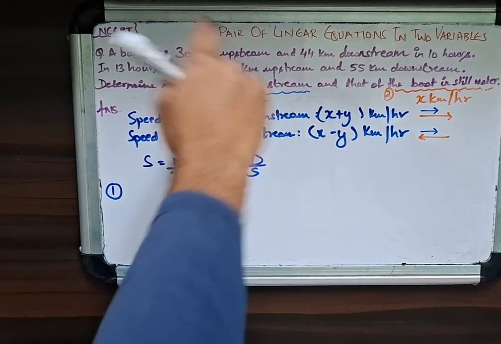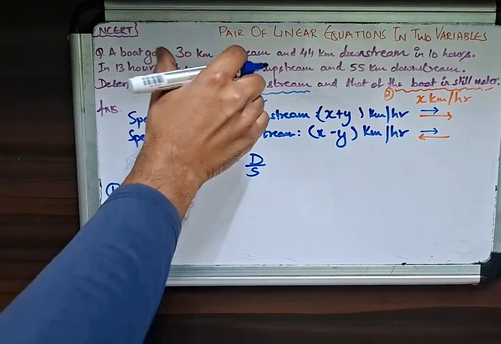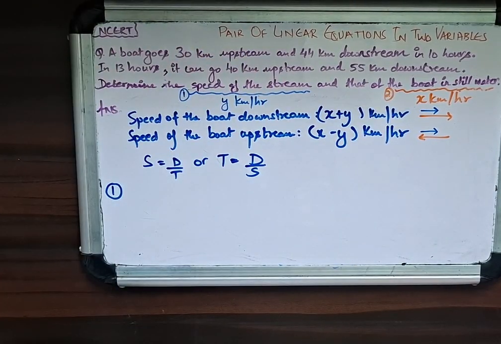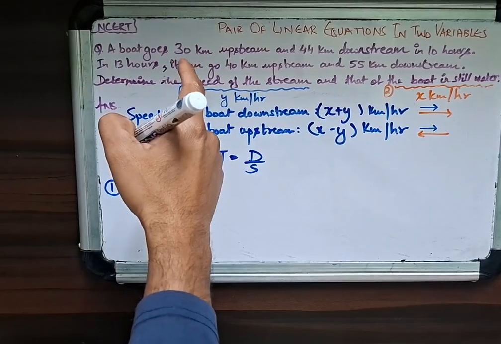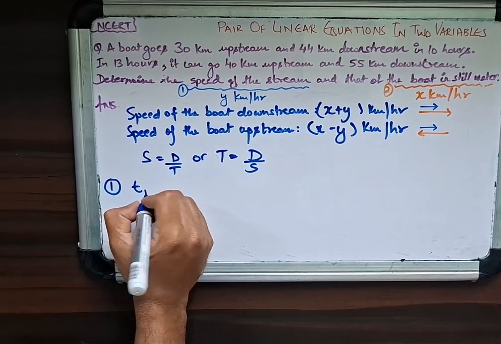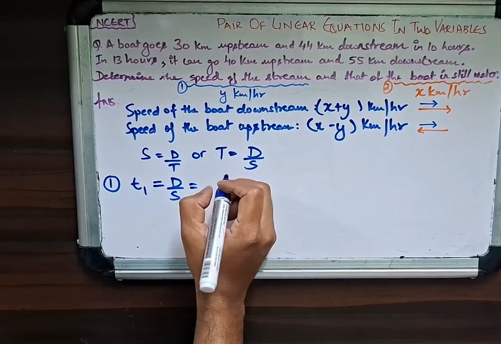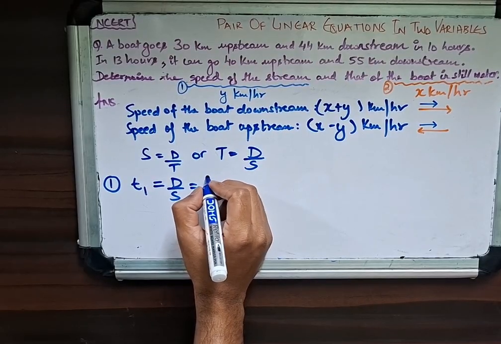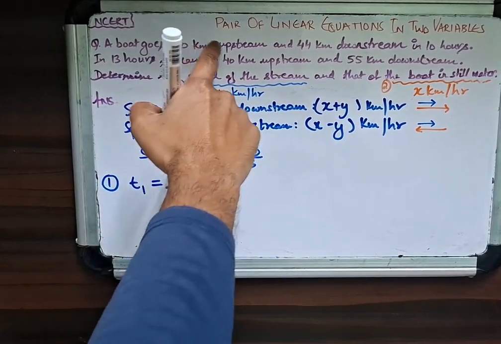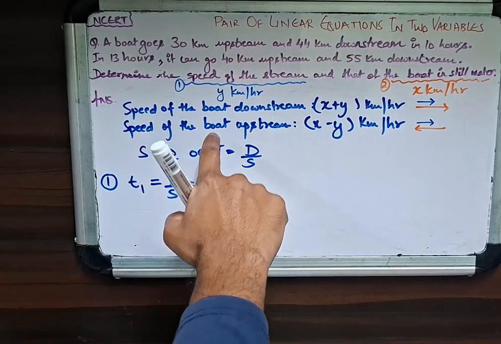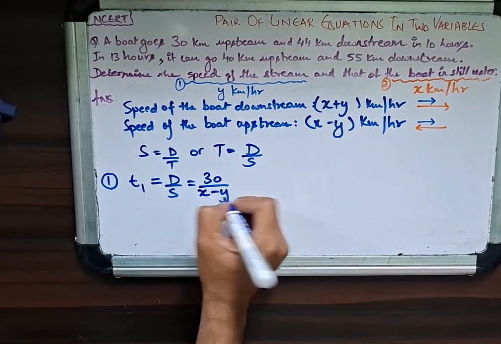A boat goes 30 kilometers upstream. If you represent this part of the sentence mathematically, let's denote the time taken by the boat to go upstream by T1. So T1 is equal to distance upon speed, which is 30 kilometers, and the speed of the boat upstream is x minus y.